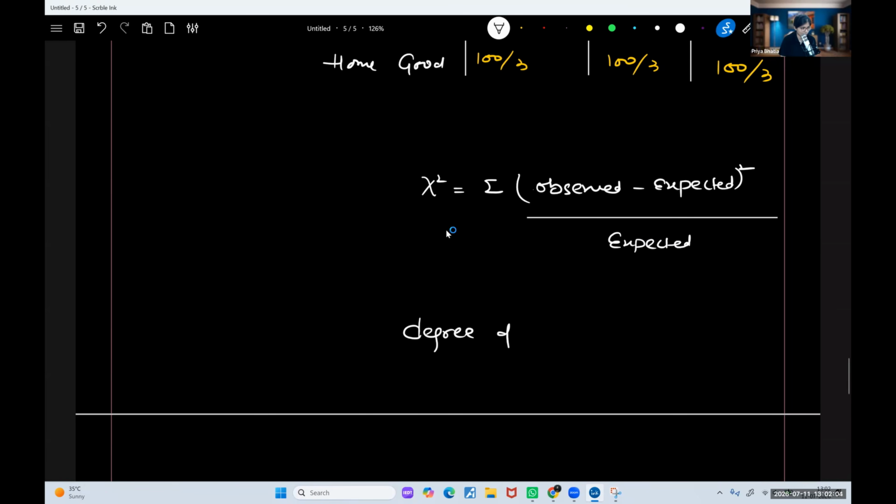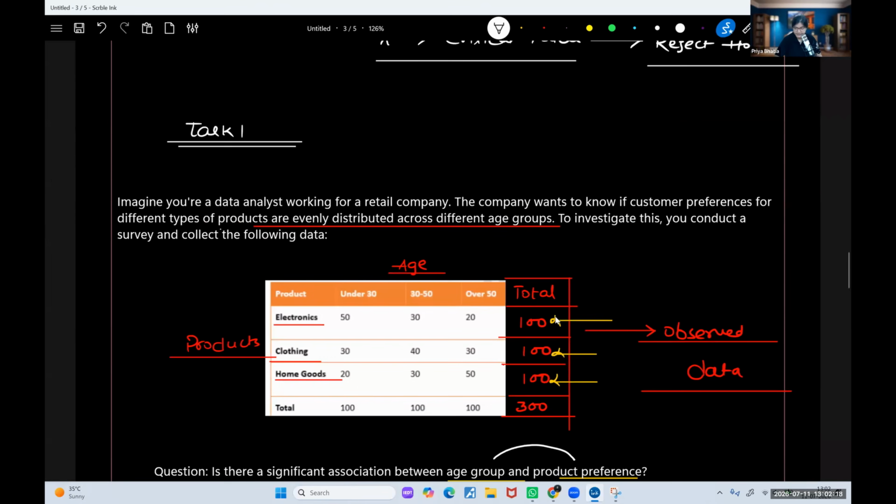Can anyone let me know what is the degree of freedom that we will be having? Guess. थोड़ी देर पहले हमने डिस्कस किया the concept of degree of freedom, how we evaluate it with respect to chi-square test. So what will be the degree of freedom in this specific case?